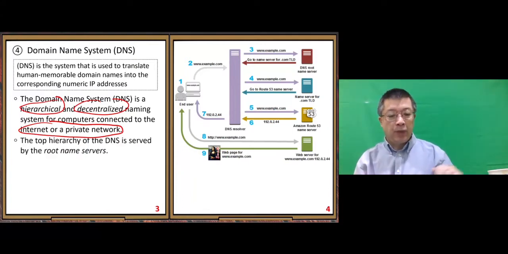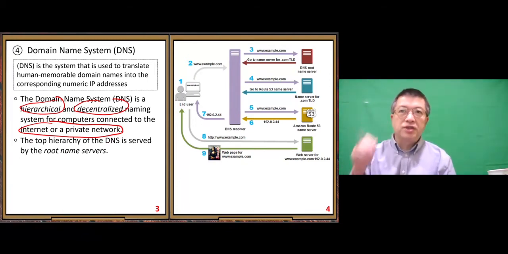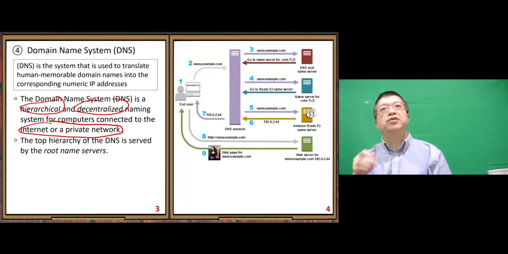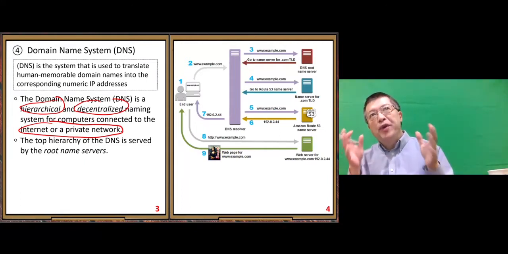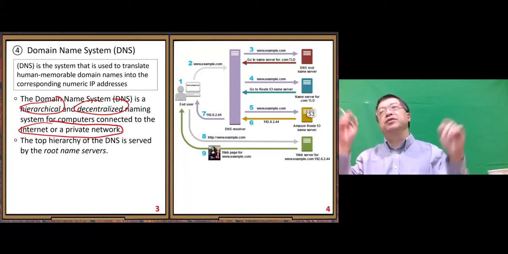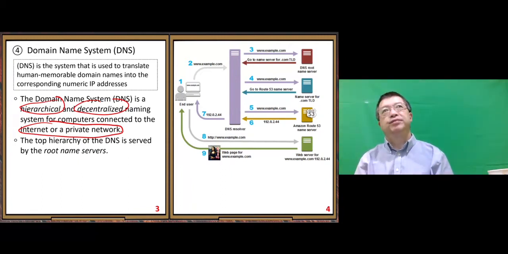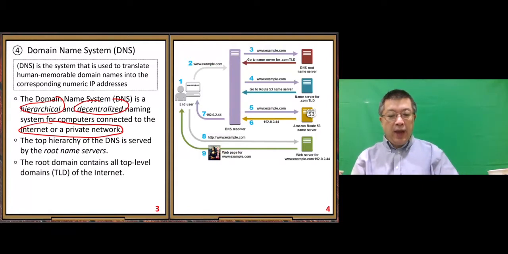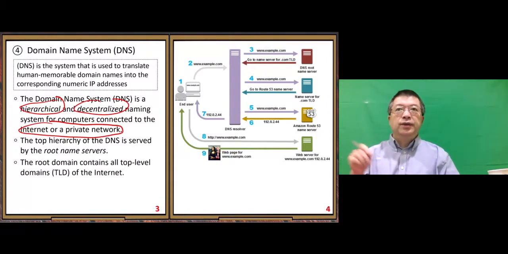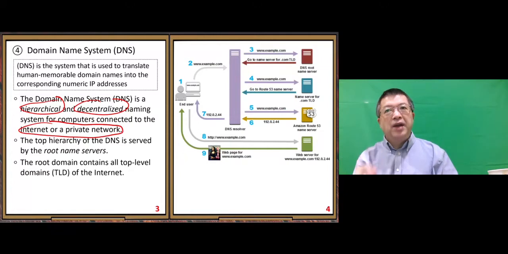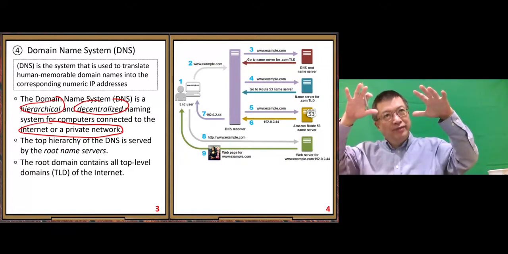The top of the DNS hierarchy, we call them root name servers. There are a relatively small number of root name servers. We do not get into too much detail. The root domain contains the top level.